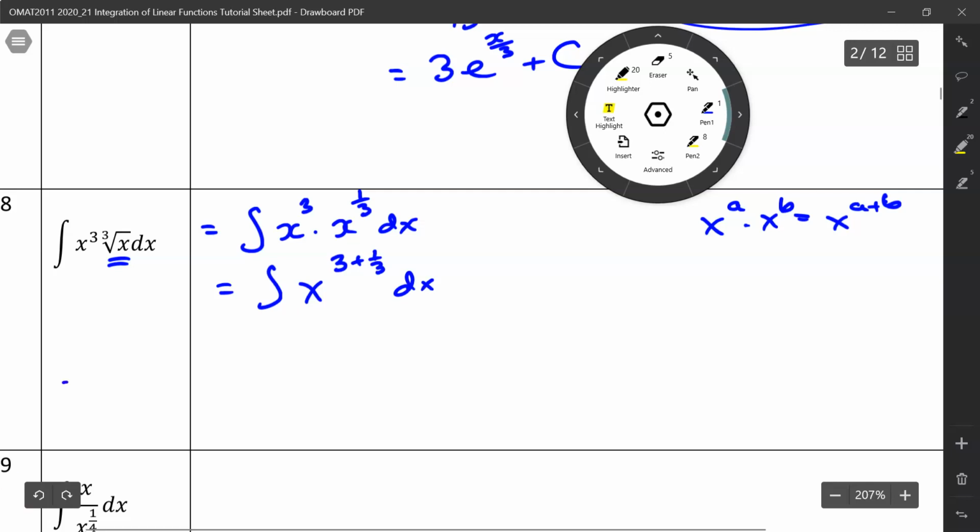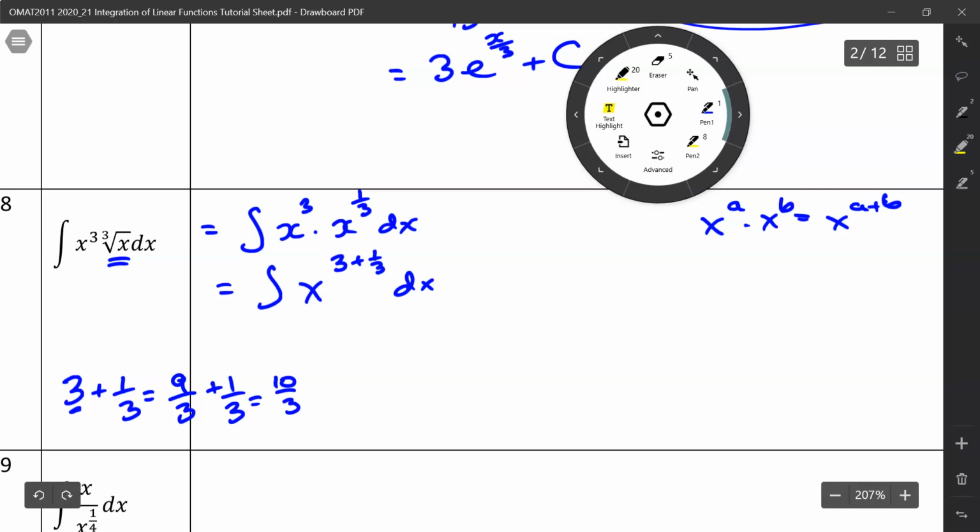If we want to add 3 plus a third, we express the 3 as a fraction over 3, so it's 9 thirds plus 1 third, and that gives us 10 thirds. So this gives us the integral of x to the power of 10 over 3 dx.